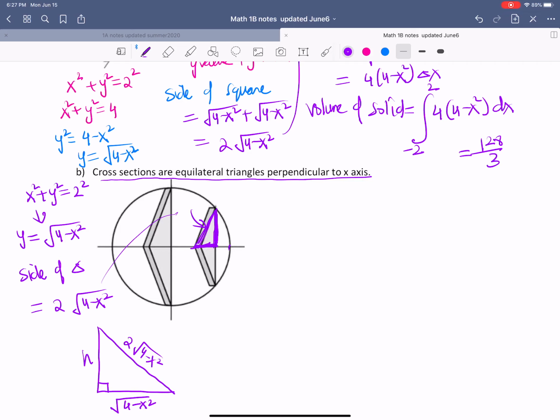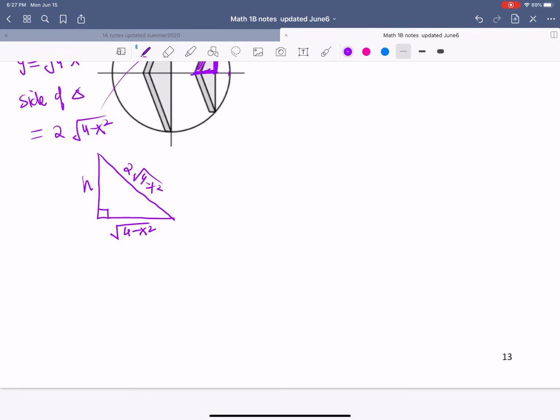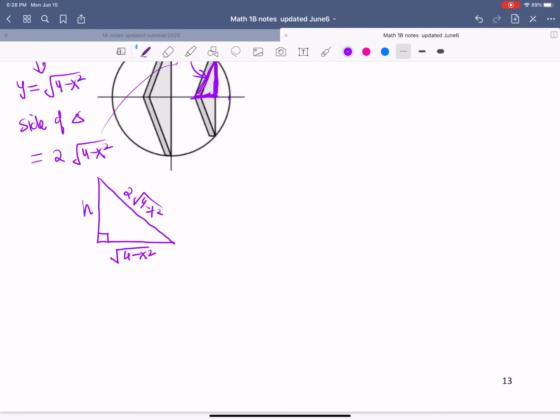So from the Pythagorean theorem, leg squared plus leg squared equals hypotenuse squared. So hypotenuse squared is equal to leg squared plus leg squared.